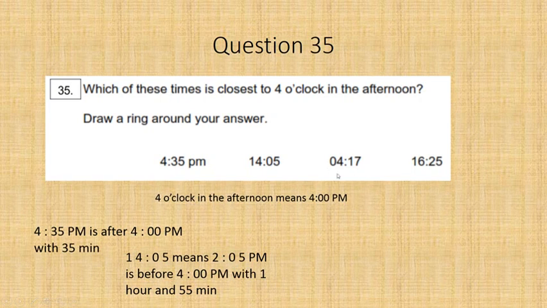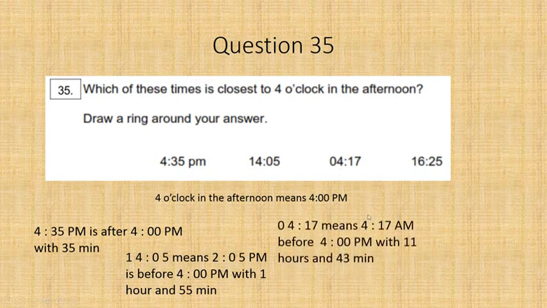And the third time here, it's 4:17, but is it written in 24-hour format or 12-hour format? It's a good question. Is there AM or PM here? No. So it cannot be 12-hour format. It's 24-hour format, of course. So here it's 4:17 a.m., so it's before 4 p.m. with 11 hours and 43 minutes.